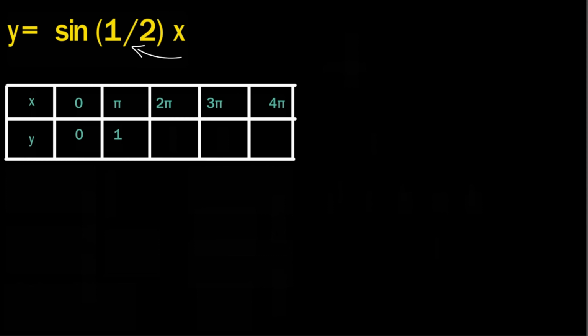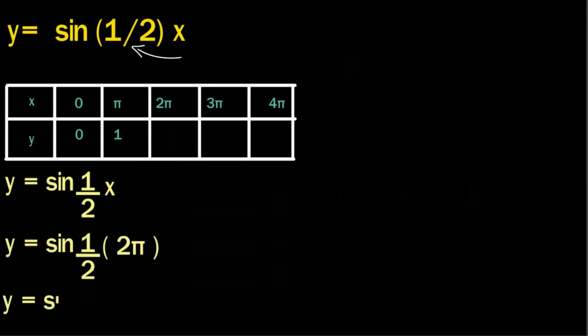For 2 pi, we plug in the number, sine 2 pi over 2 is actually sine pi. So the value of sine pi is 0. Let's try with another example, y equal to sine 3 pi over 2.